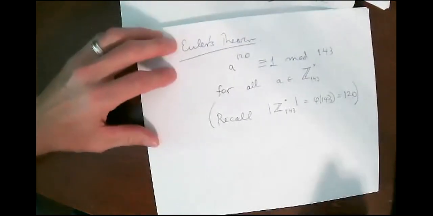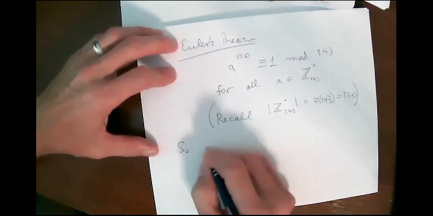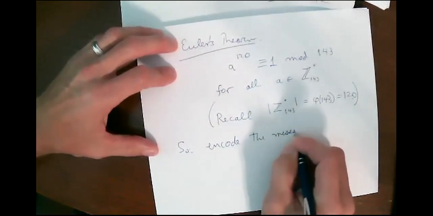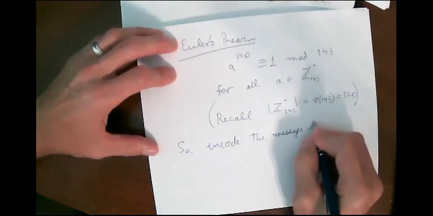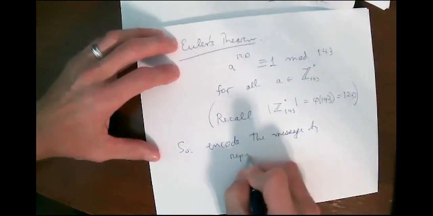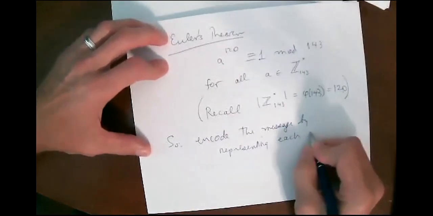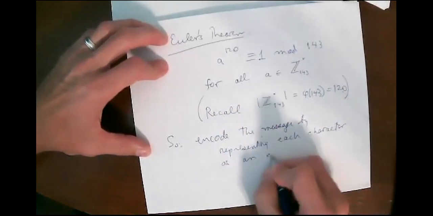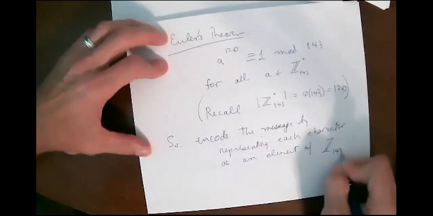So here's my first step of my encoding algorithm. And you do that by exchanging, representing each of my up to 120 characters as an element of this set, Z mod 143 cross.